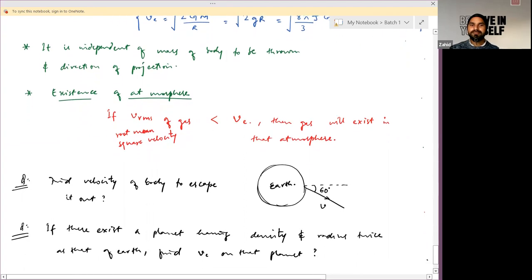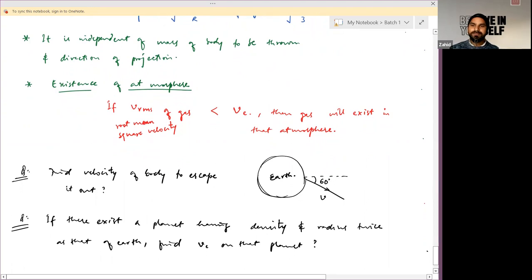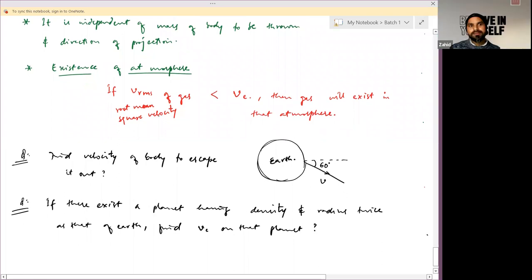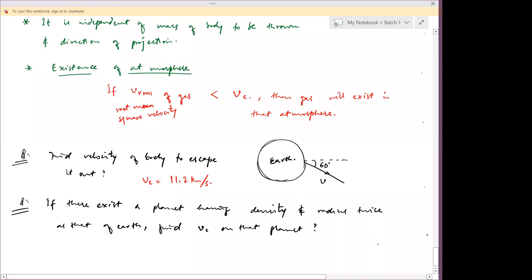As escape velocity is independent of direction of projection, it will remain the same, 11.2 kilometer per second. It will be independent of the angle of projection. Okay? Is it clear or do you have a doubt? No, sir, it's clear.